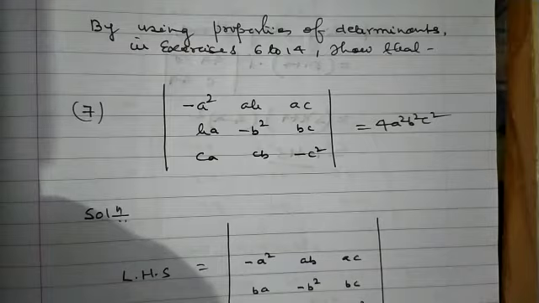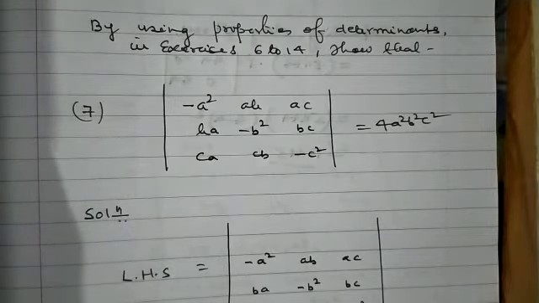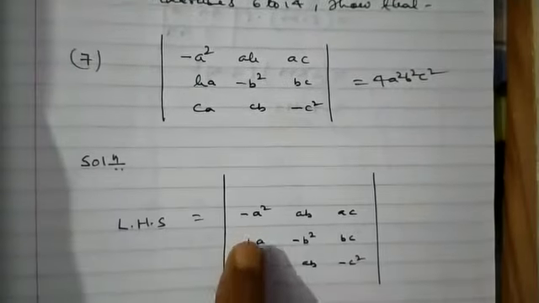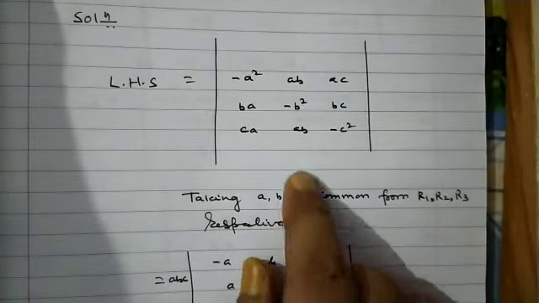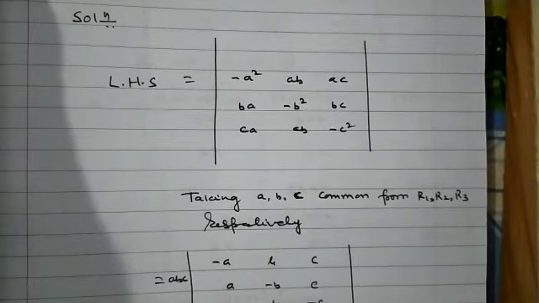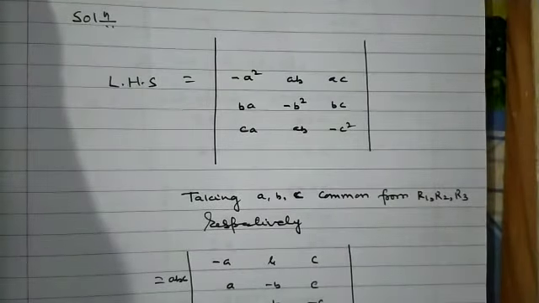This is the best method. Think first in this direction, then in another direction. Now we take common a from the first row, b from the second row, and c from the third row.